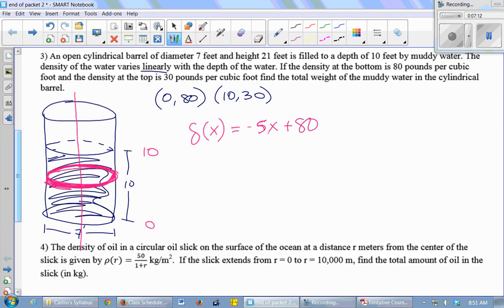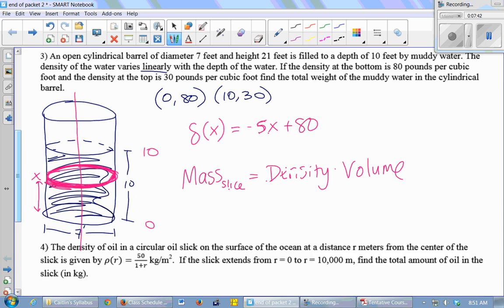Okay, so for my slice, I would like to know the mass of my slice, and I do that by doing density times volume. My slice is going to be at a random height from the bottom, x, distance from the bottom.